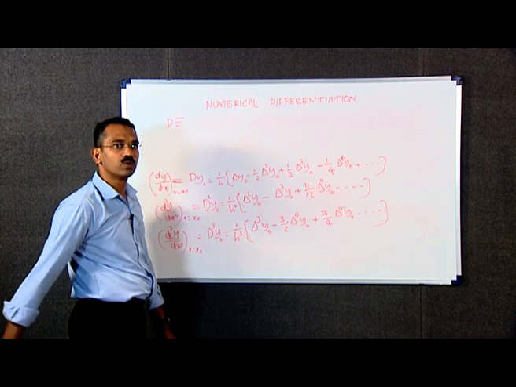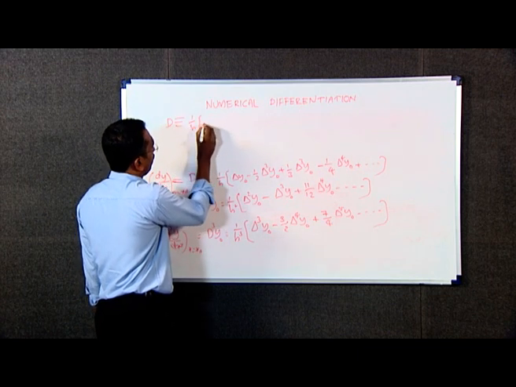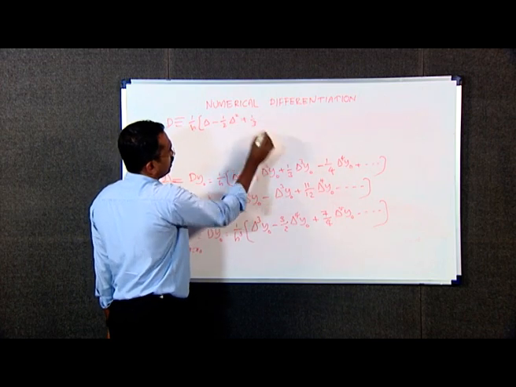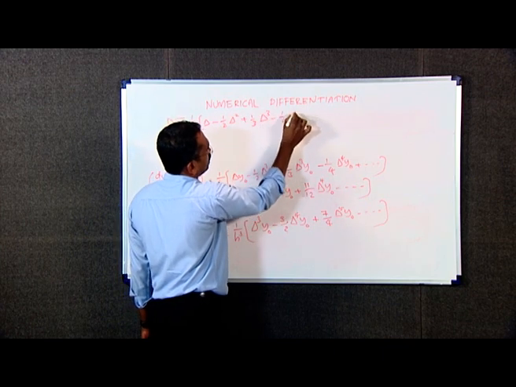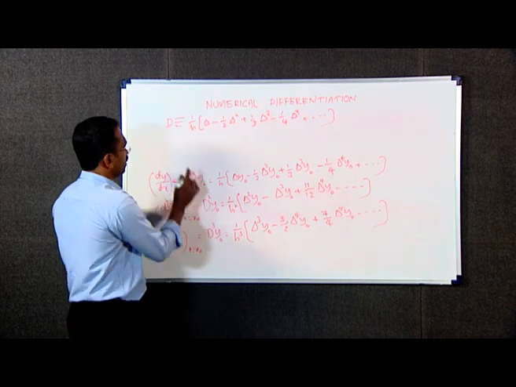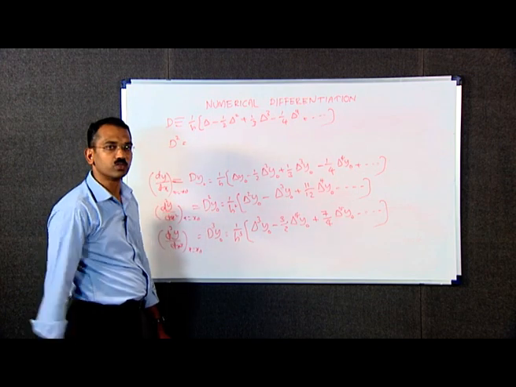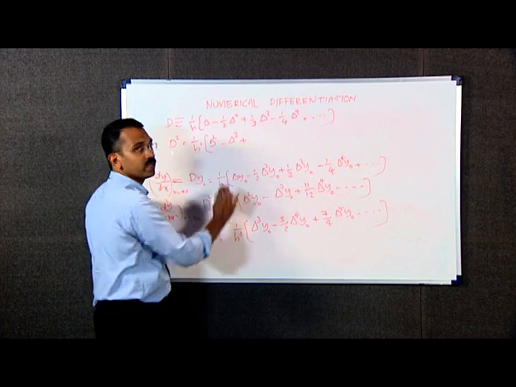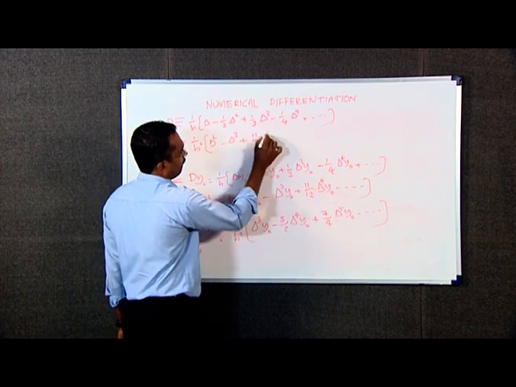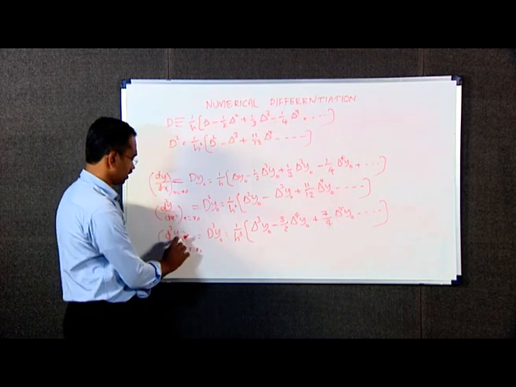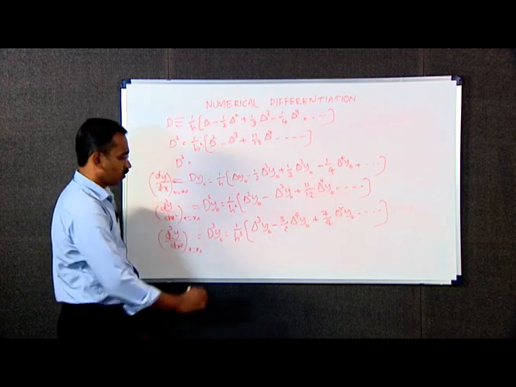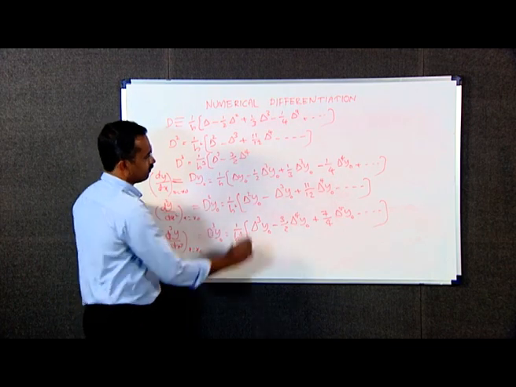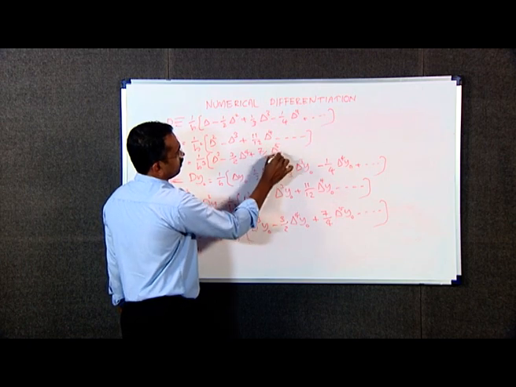Capital D is identically equal to 1 by h into delta minus delta square by 2, that is 1 by 2 into delta square, plus 1 by 3 into delta cube minus 1 by 4 into delta raised to 4 plus etc. From this we can write capital D square is equal to 1 by h square into delta square minus delta cube plus 11 by 12 delta raised to 4 minus etc. And from this third derivative we can write D cube equal to 1 by h cube into delta cube minus 3 by 2 into delta raised to 4 plus 7 by 4 delta raised to 5 minus etc.